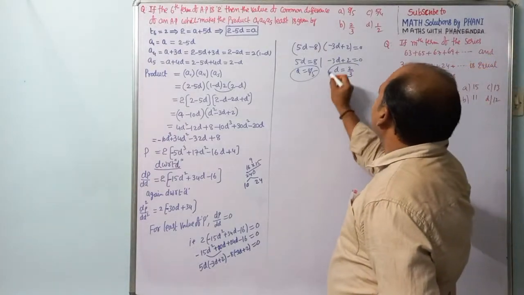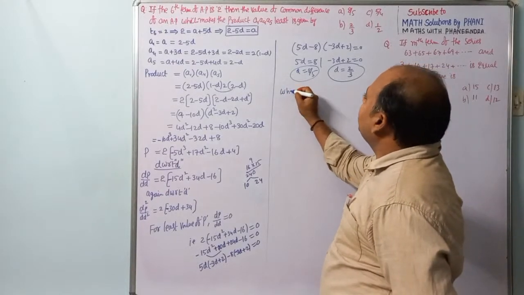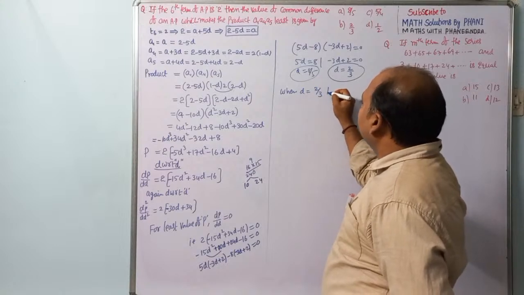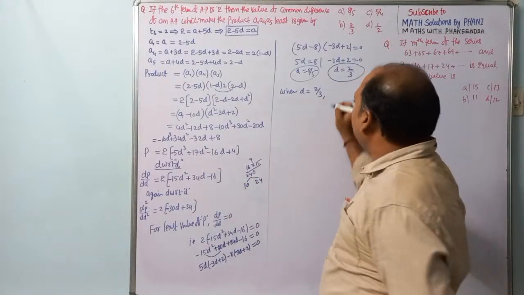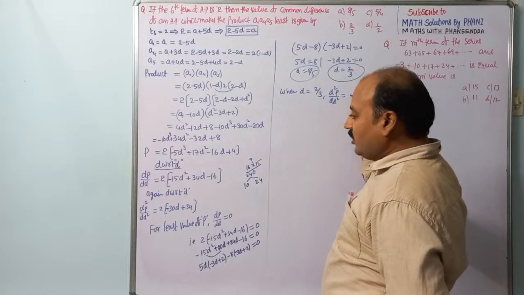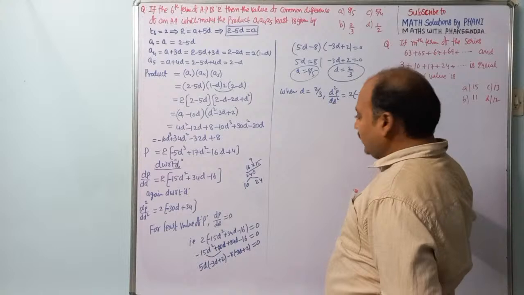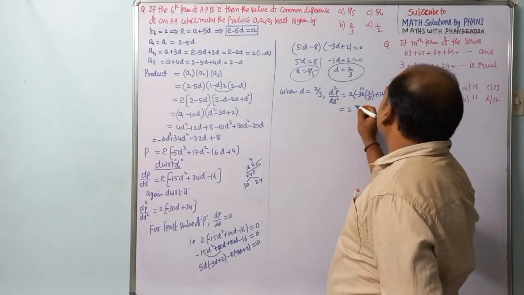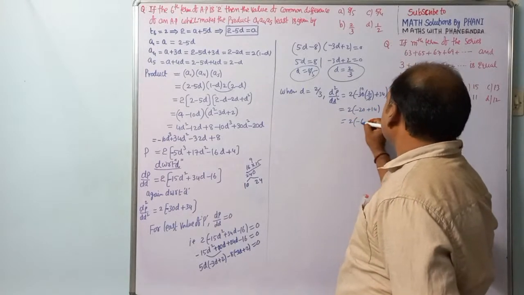But both options are there. But among these, which one is the right one? So when d is equal to 2 by 3, the second derivative value d square p by dd square equal to 2 into minus 30 into 2 by 3 plus 34. 2 into minus 20 plus 14, so 2 into minus 6.